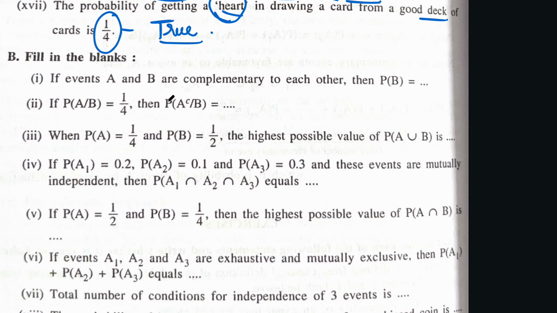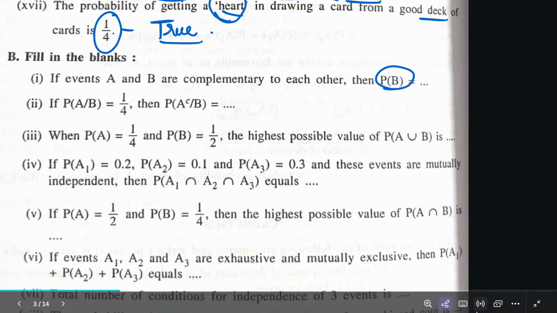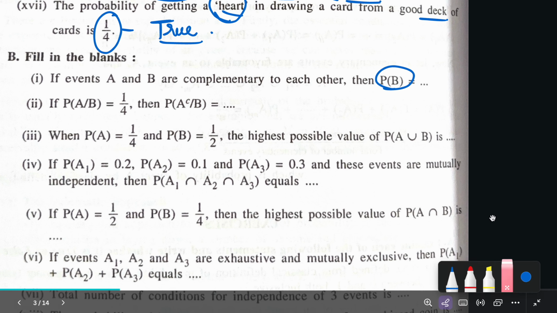If events A and B are complementary to each other, then probability of B is equal to... wait, if events A and B are complementary to each other.